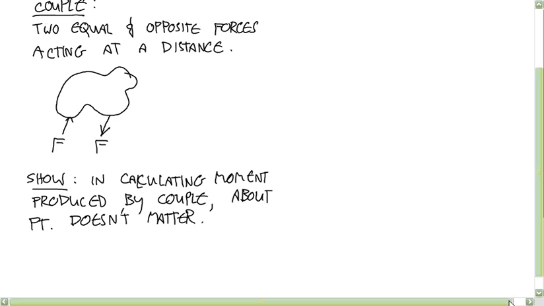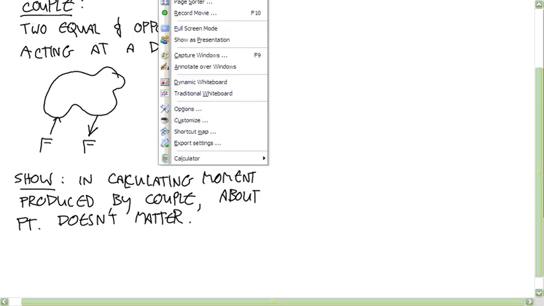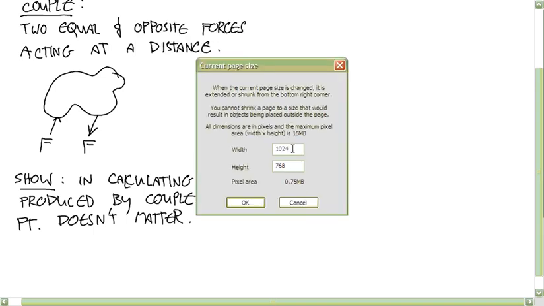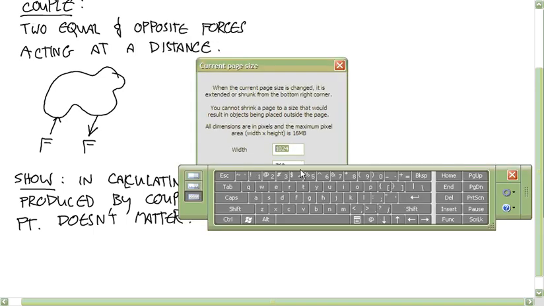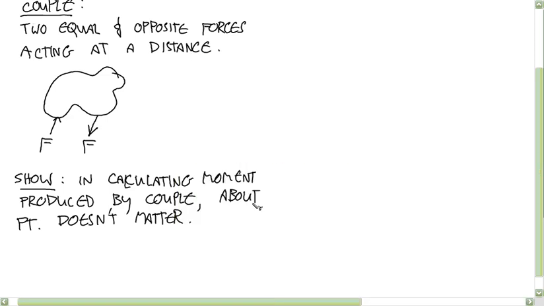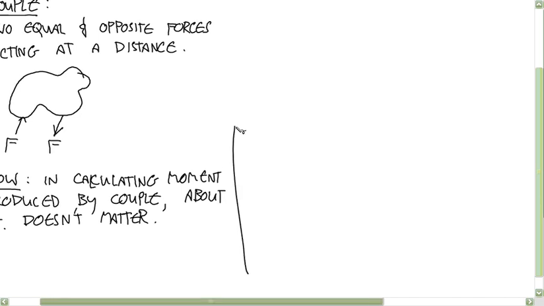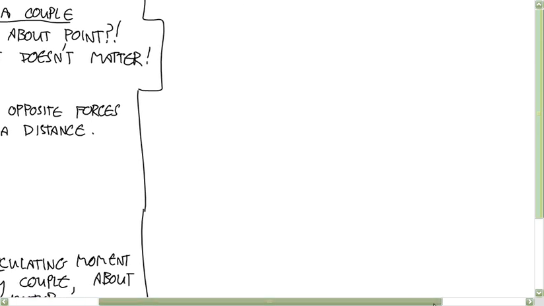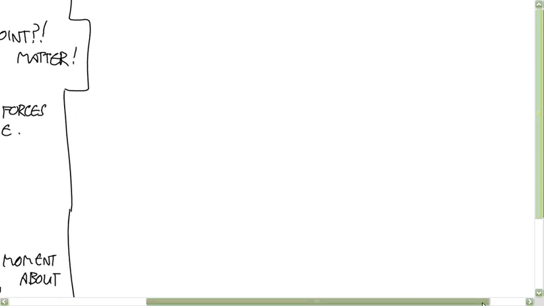Okay, so I'm just going to draw out what our example, what our test case is. So you have some random rigid object, and you have some force vector acting here.